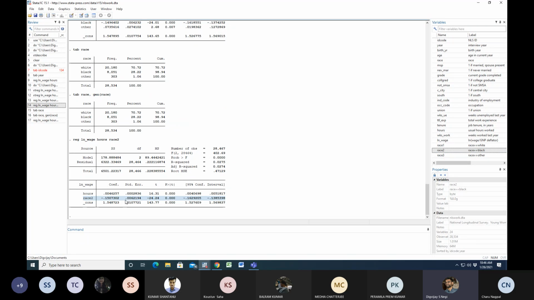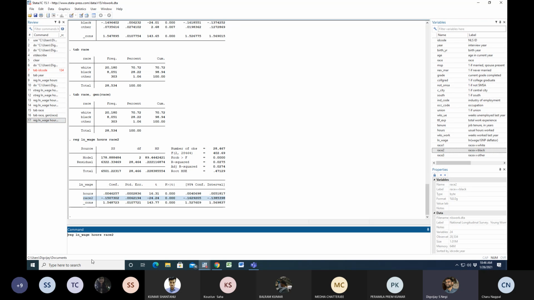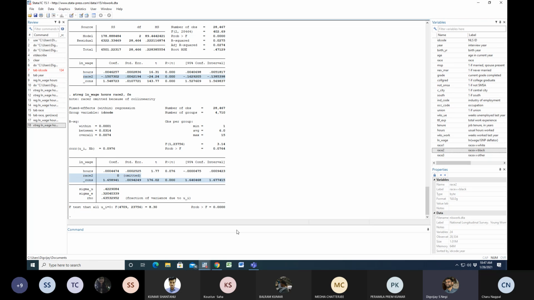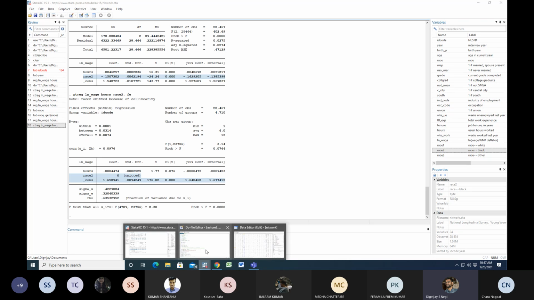It's negative and statistically significant, right? But we cannot see this coefficient on race when we do a fixed effect. In a fixed effect situation, the black dummy drops out, right? So we cannot see that. That's another important thing.